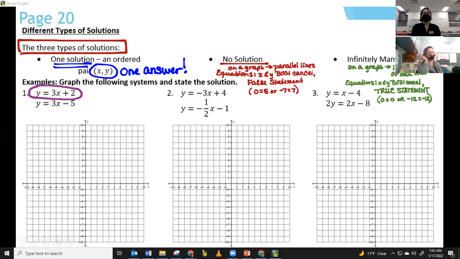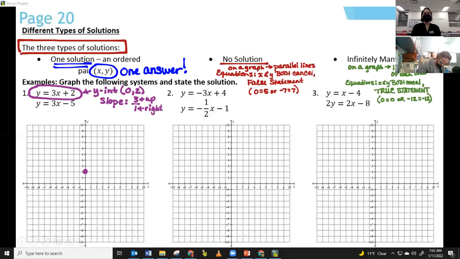Where should I put my first point? At 2 on the y-axis. Yep. And then what is my slope?